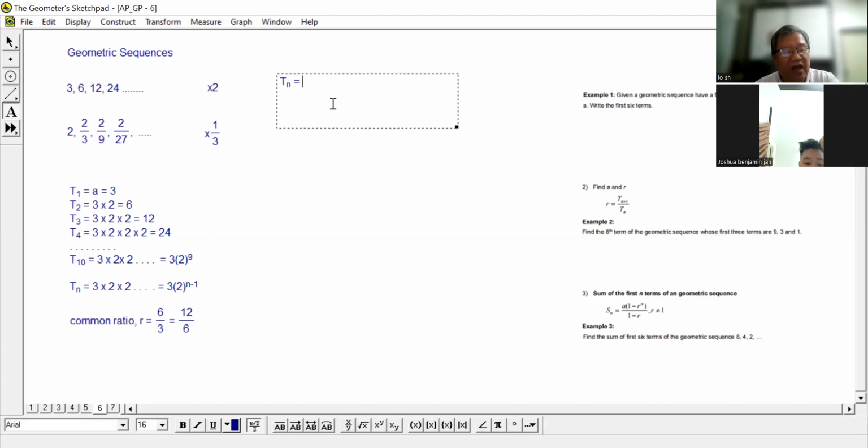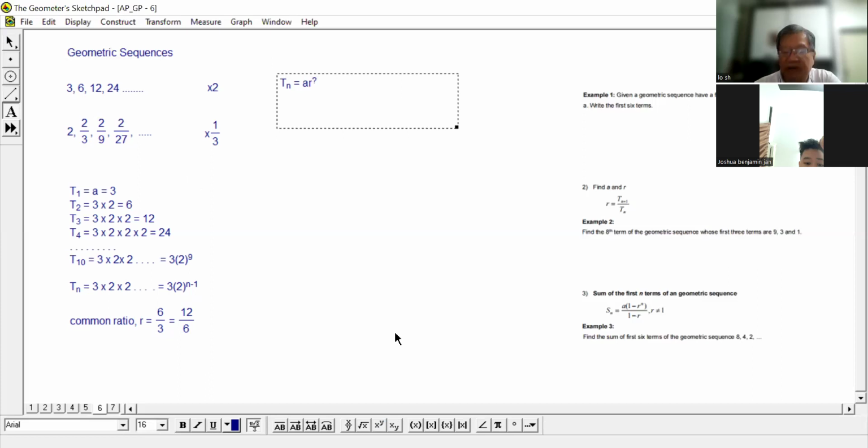What is this 3? 3 is actually the first term, a. Then the 2 to the power of n minus 1, what is actually the 2? Common ratio.